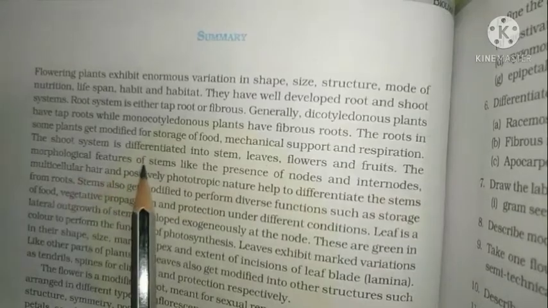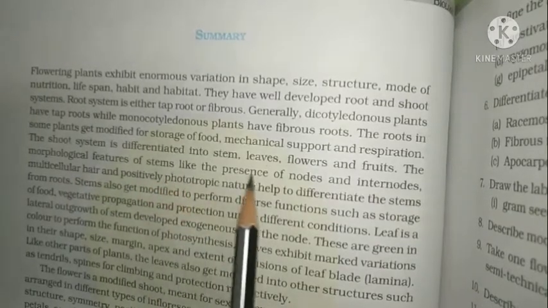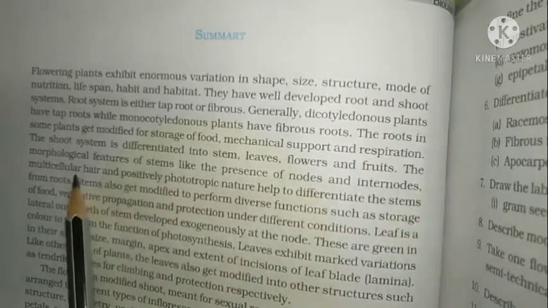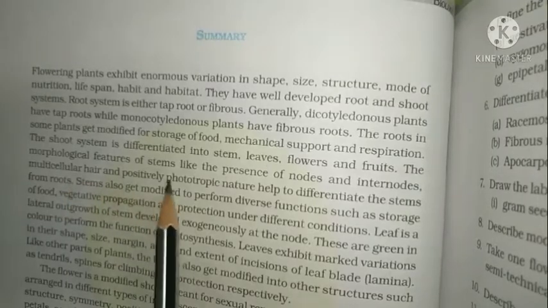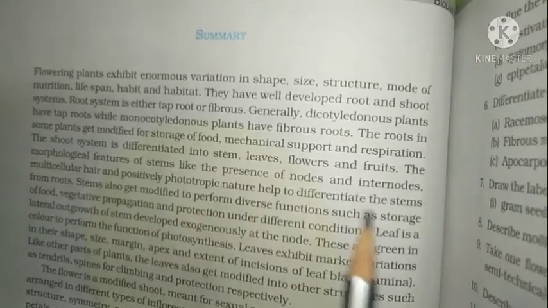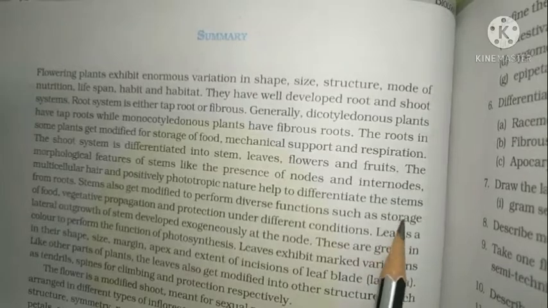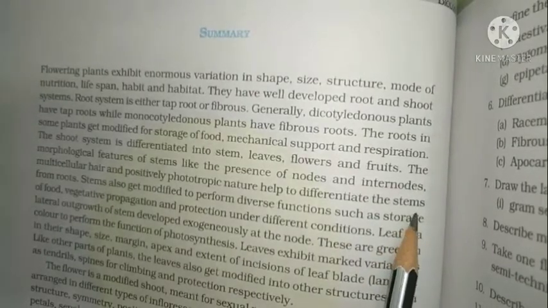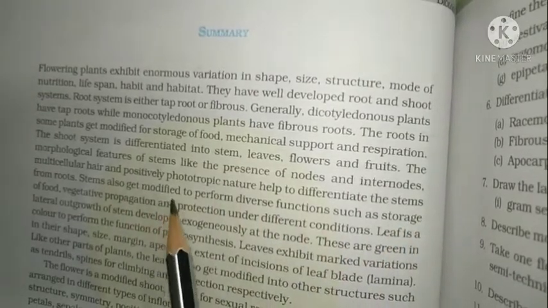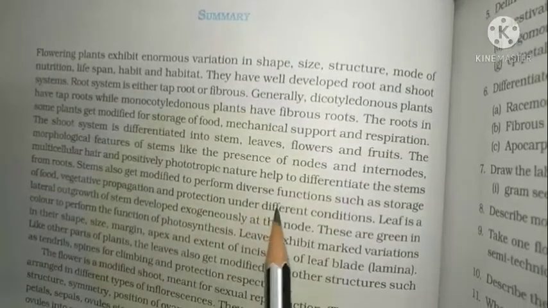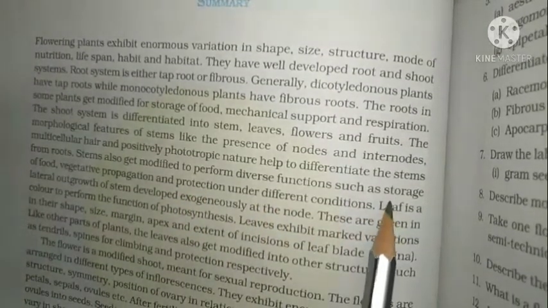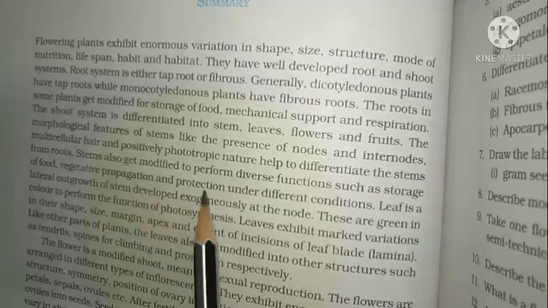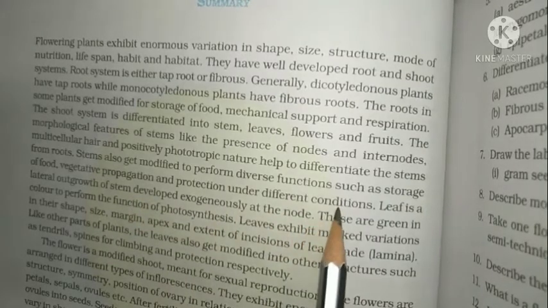The morphological features of a stem, like the presence of nodes and internodes, multicellular hairs, and positively phototropic nature, help to differentiate the stem from the root. Stems also get modified to perform diverse functions such as storage of food, vegetative propagation, and protection under different conditions.